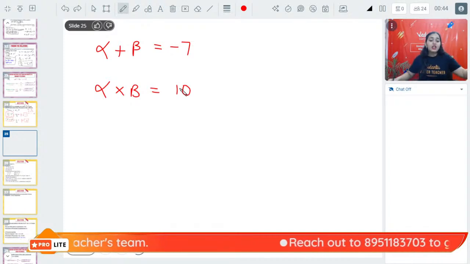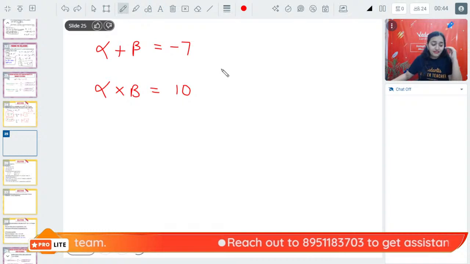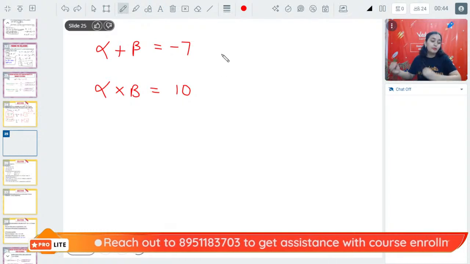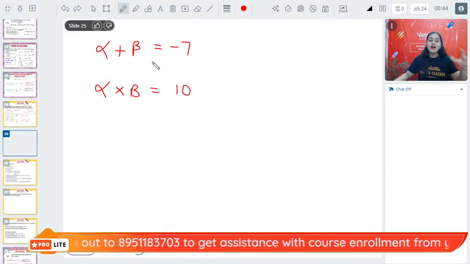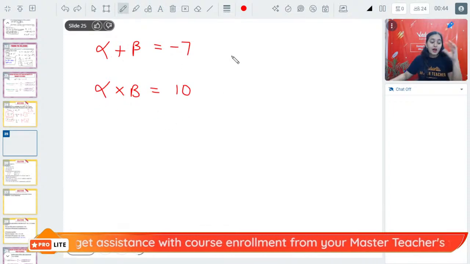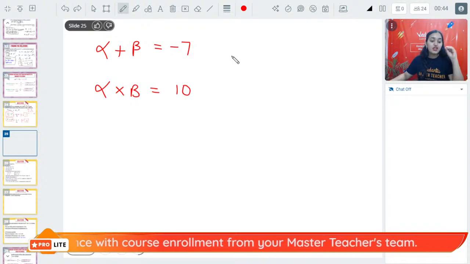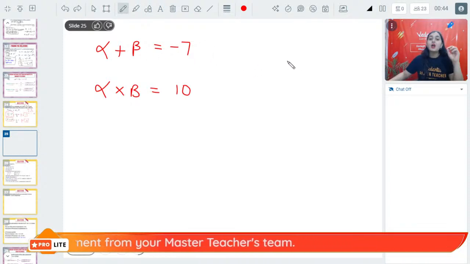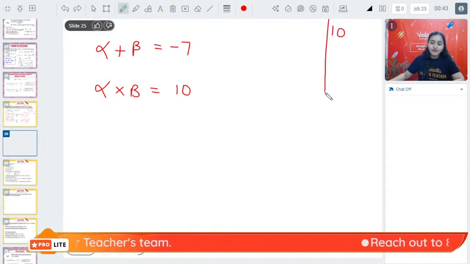Now, you have to find out what should be alpha and what should be beta such that alpha plus beta is minus 7 and alpha into beta is 10. Now what is the shortcut trick to find alpha and beta? Can anybody tell what is the shortcut trick? Well, the shortcut trick is prime factorization of 10.